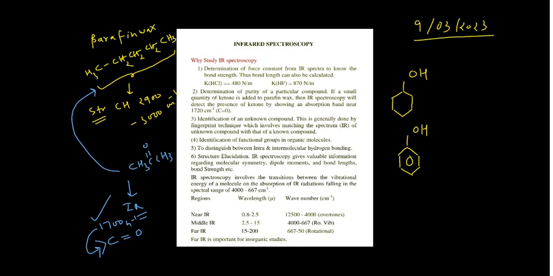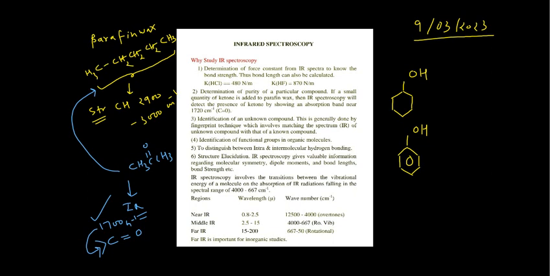And then comes the next point, identification of the functional group in organic molecules. Organic molecules may have different kinds of functional groups, and this is the most important application of IR spectroscopy. We can find the different kinds of functional groups.